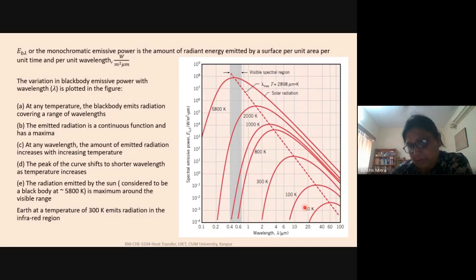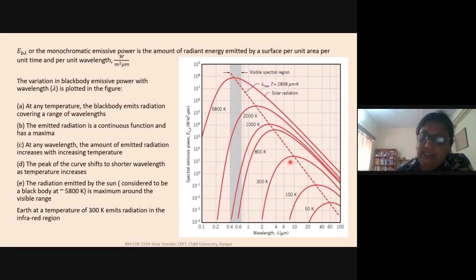So you see that for each particular temperature, the emissive power goes through a maxima. It is low, it increases, reaches the peak, and then goes down again. And the position of this peak is at a lower wavelength as the temperature increases.